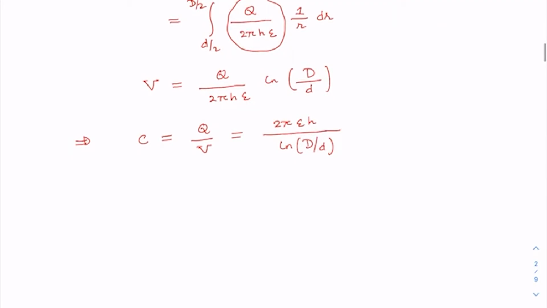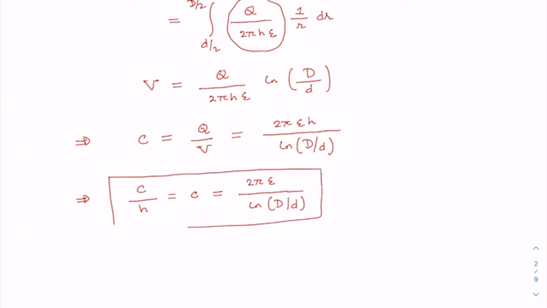Now what about the capacitance per unit length? That would be capital C by h. So I can write it as small c, that is the capacitance per unit length. That would be 2 pi epsilon divided by logarithm of capital D by small d. So this is what we have, capacitance per unit length of the coaxial cable.